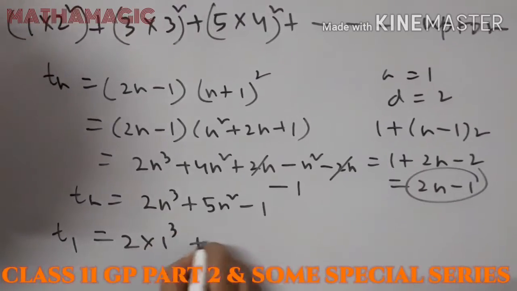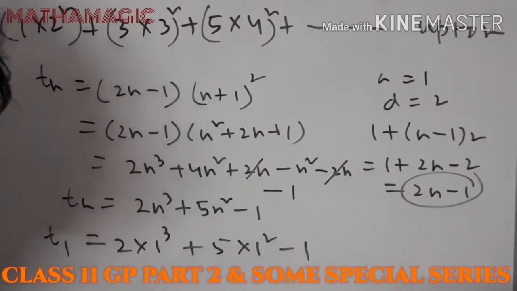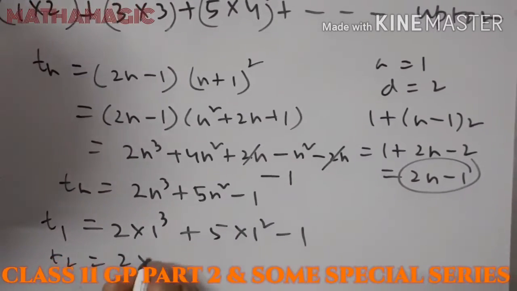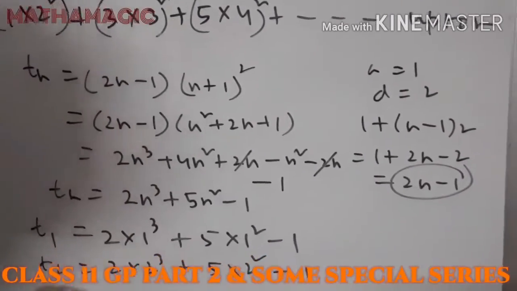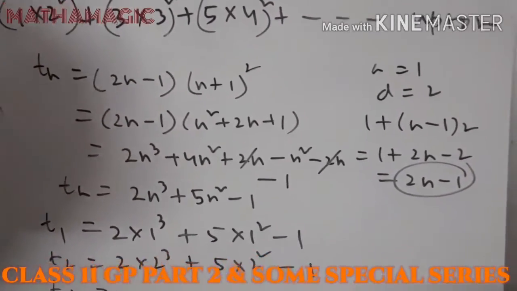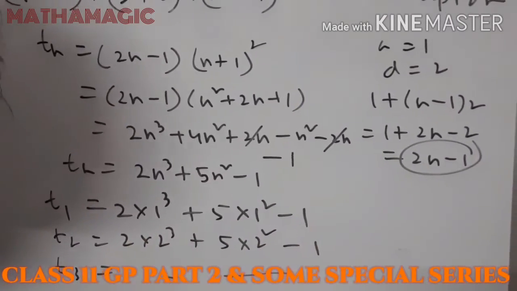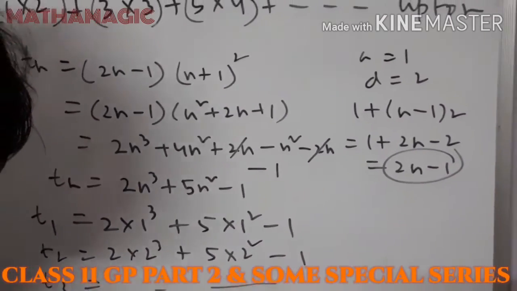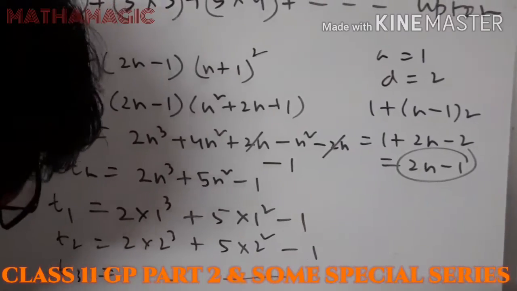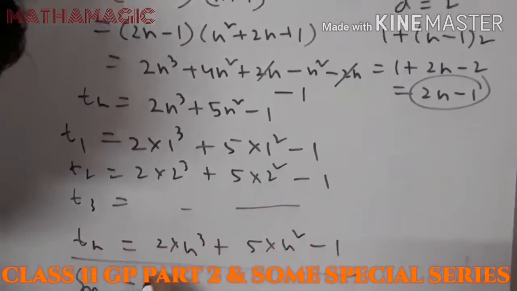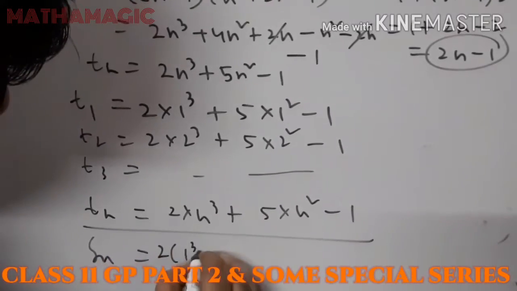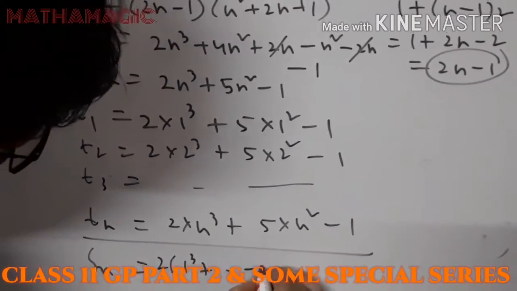So now follow the same procedure. T1 is 2 into 1 cube plus 5 into 1 square minus 1. T2 is 2 into 2 cube plus 5 into 2 square minus 1. It will go on like this. For Tn, 2 into n cube plus 5 into n square minus 1. If we add all these terms, then you will get Sn. 2 into 1 cube plus 2 cube plus up to n cube.